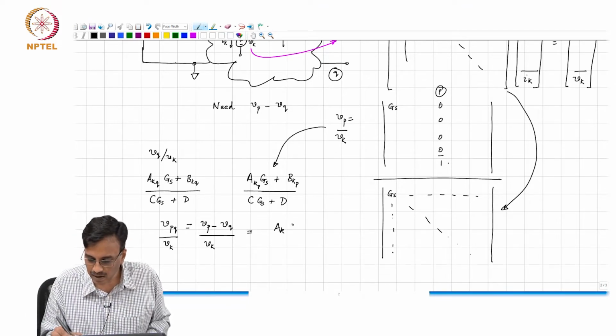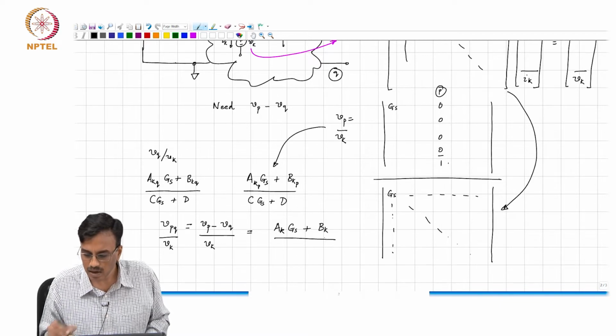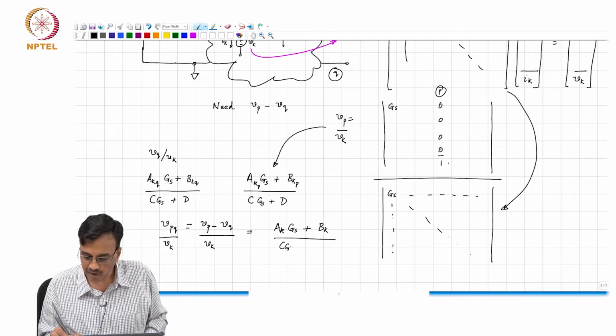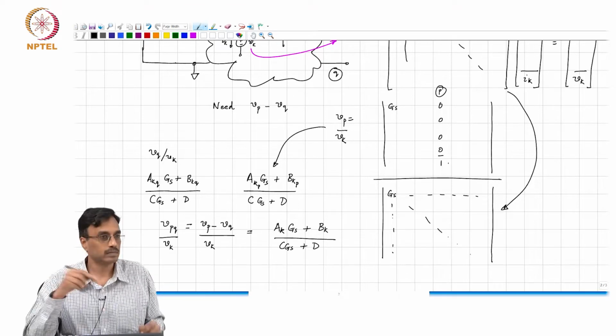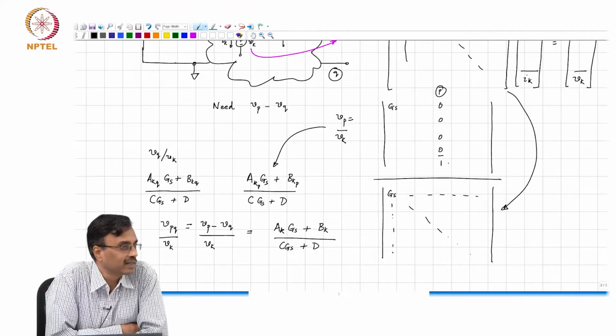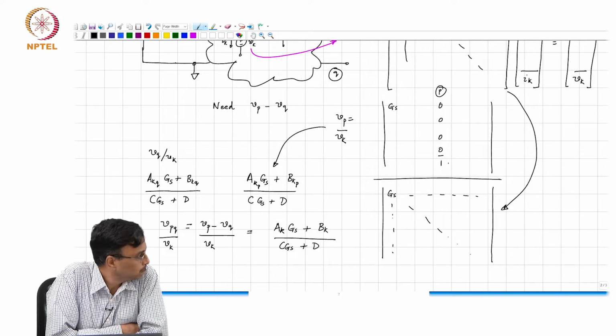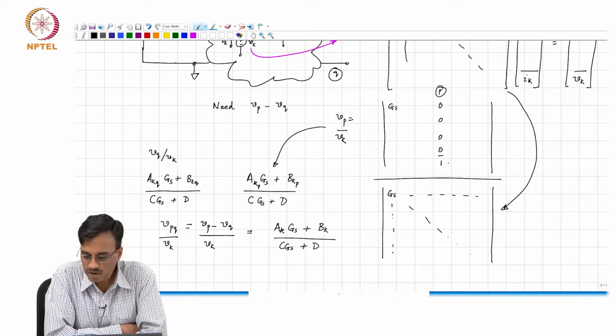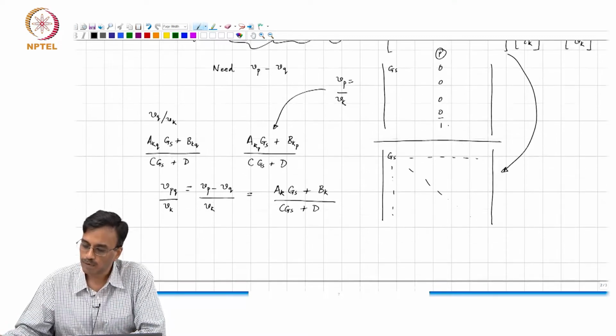It's AK times GS plus BK divided by C GS plus D. Okay. I hope you guys are convinced about this, right?